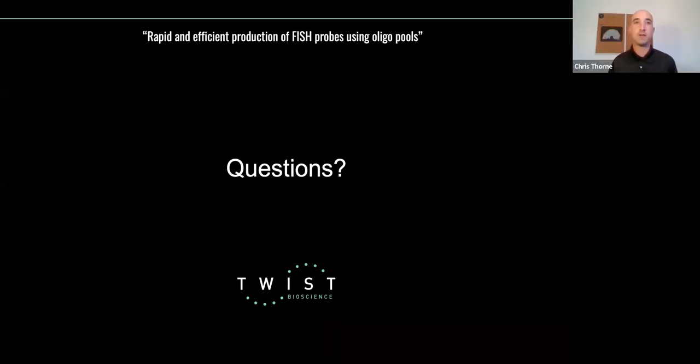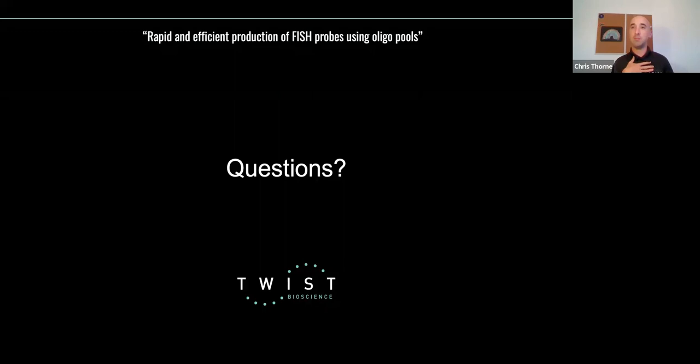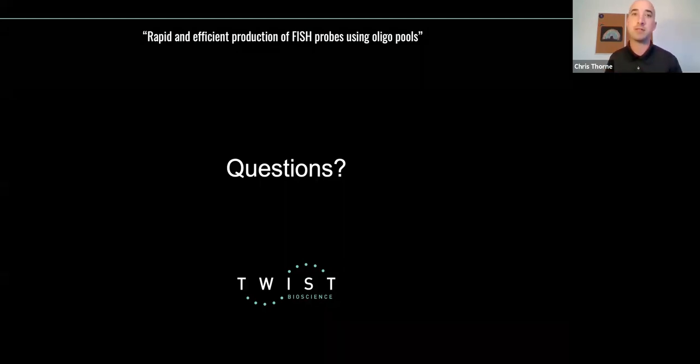I think perhaps there's time for one final question. Just another technical question, similar to the previous one about probe densities. What is the smallest number of oligos that you've tried? Is there a sort of inflection point of efficiency where there's an optimal amount?